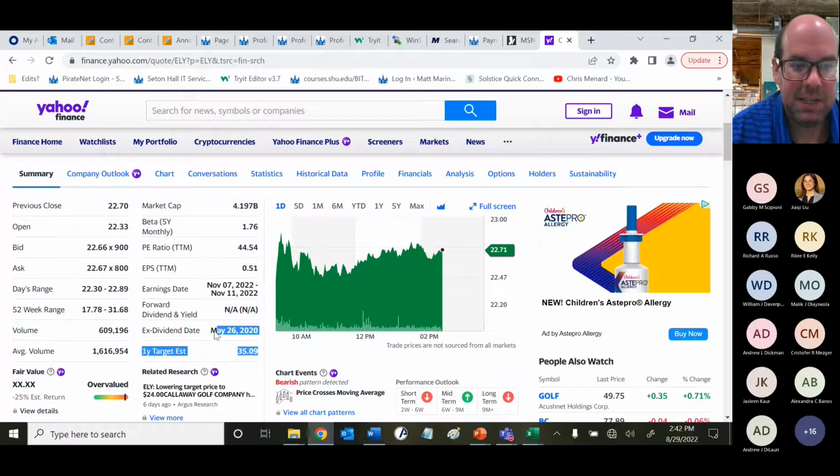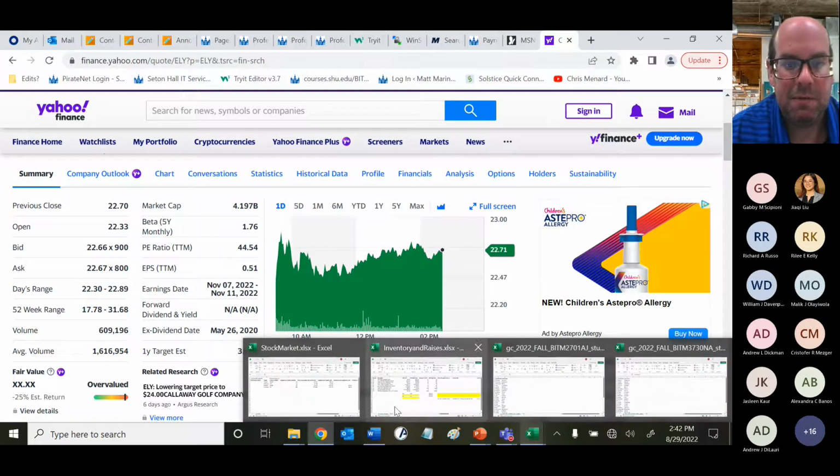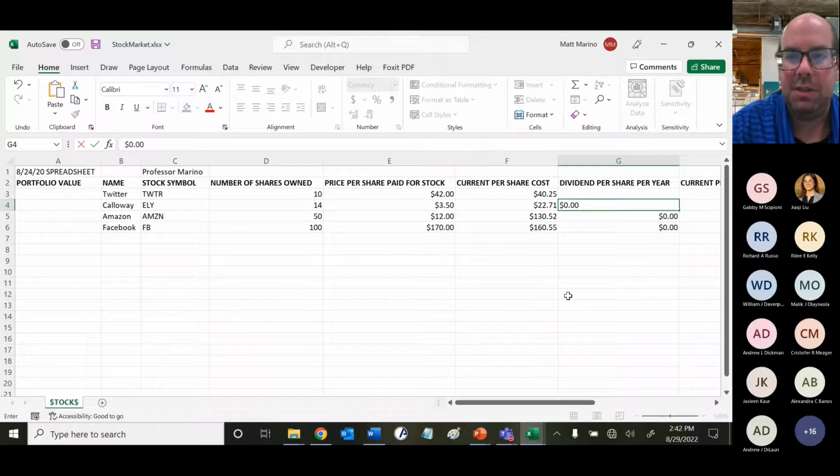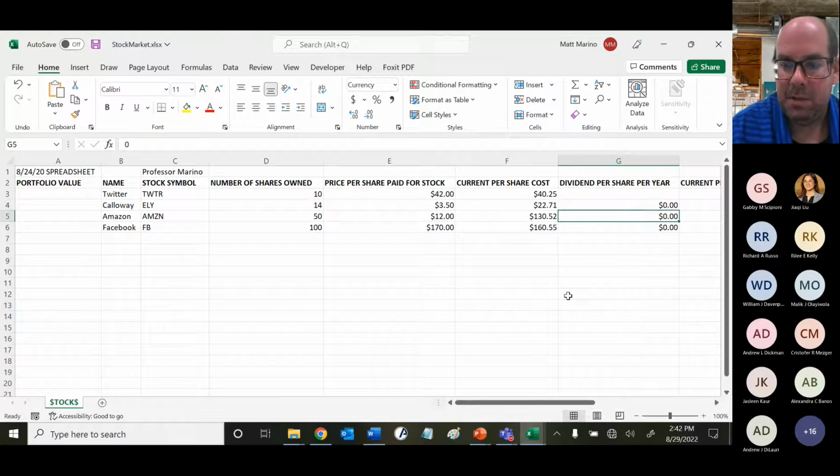So that's why this ex-dividend date says May 26, 2020, because that's the last time they gave one. So in the example on the YouTube page that's in the if you missed class folder, it's not going to say $0. It'll show you how to calculate an actual dividend. You multiply the dividend by the number of shares you own. But because we currently don't have a dividend with Callaway, we change that to $0.